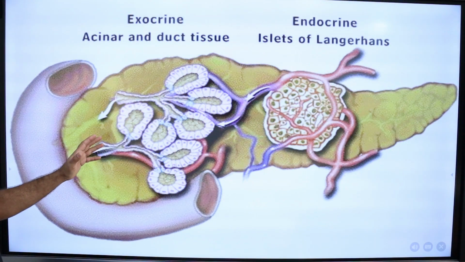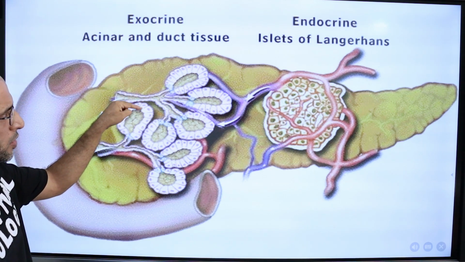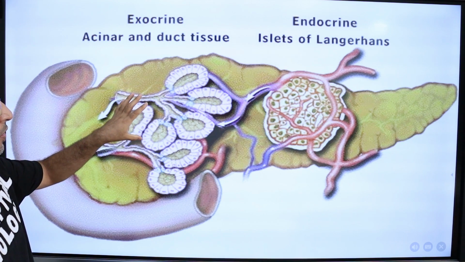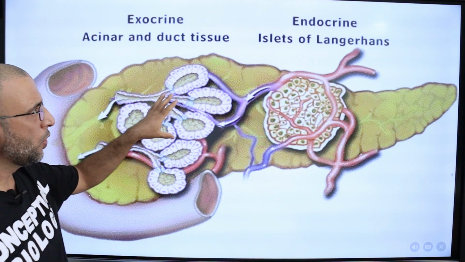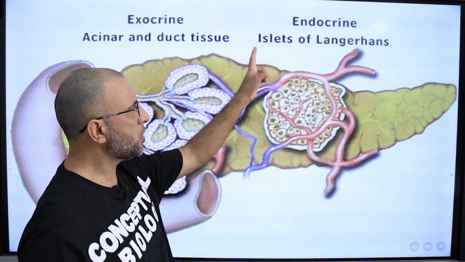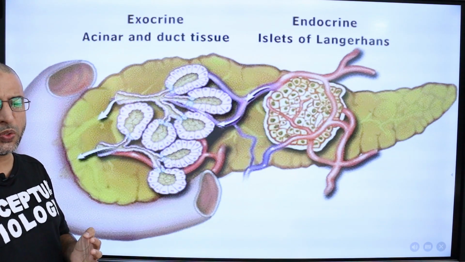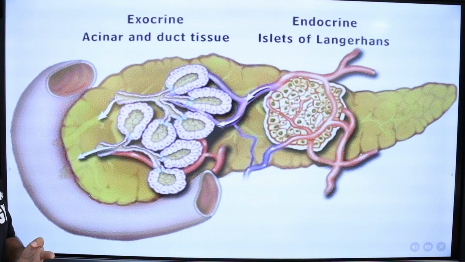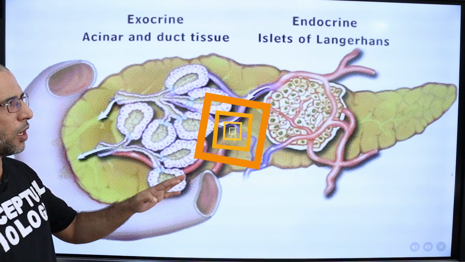So in this slide we can see the exocrine glands of the pancreas, which are involved in the production of enzymes which help in digestion of food, and here are the endocrine tissues of the pancreas, which are called islets of Langerhans. Islets of Langerhans produce insulin, glucagon, somatostatin and pancreatic polypeptide hormones.